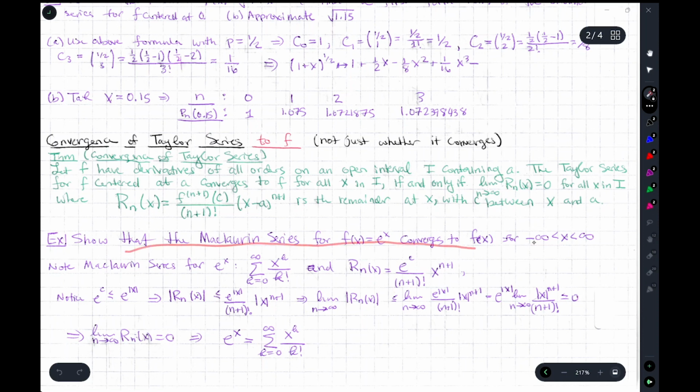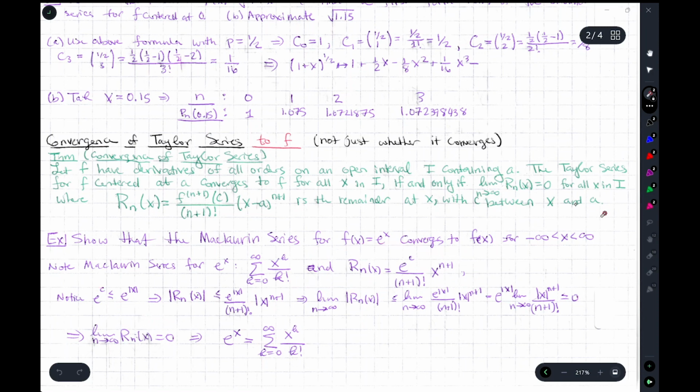So show that the Maclaurin series for f of x equals e to the x converges to f of x on the interval, on the real line. So the Maclaurin series, we've computed that for e to the x, and the remainder term looks like this. Okay.